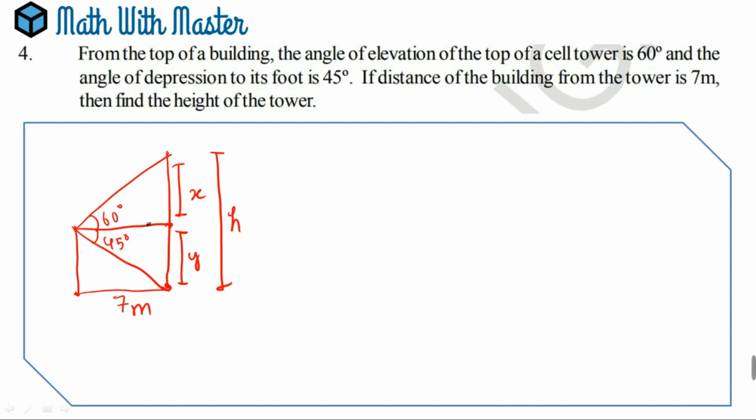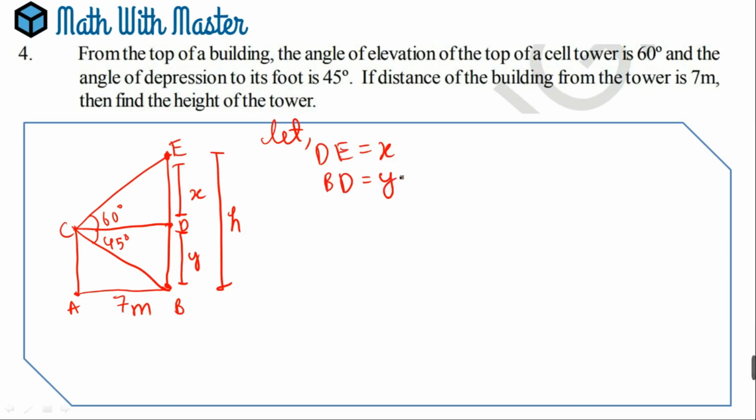And now we will name the points, this as A, this as B, this as C, this as D, this as E. So now what we have to do is, we have let DE equal to x, BD equal to y, and BE equal to h. So now we will find the value of y firstly.